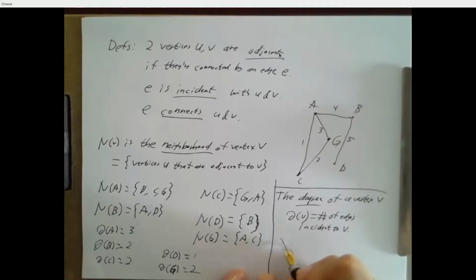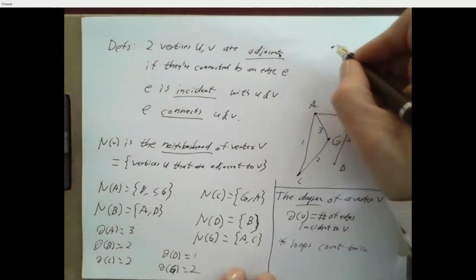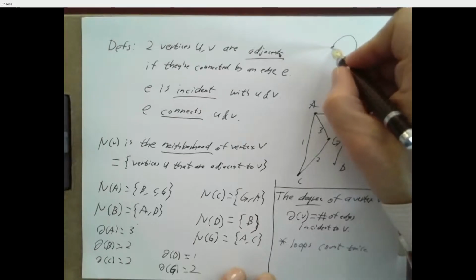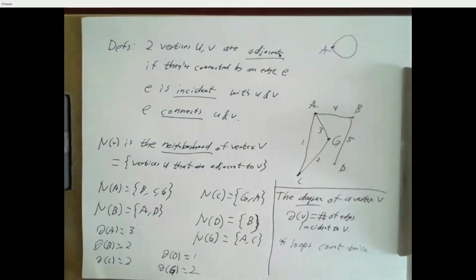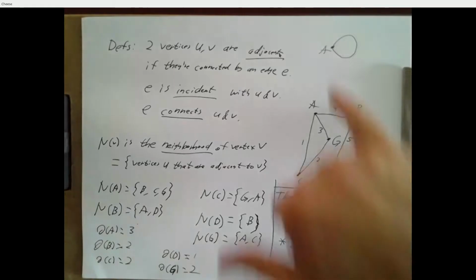And there's a caveat here, which is loops count twice. So if we have something like this, the degree of A would actually be 2. Even though there's a single edge, there's an edge that starts at A and there's another edge that ends at A. They're the same edge, but we count it twice, so the degree of A would actually be 2.